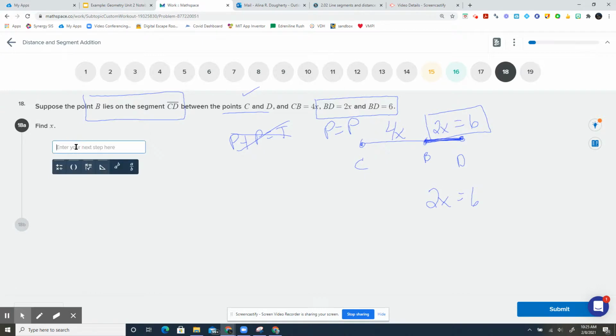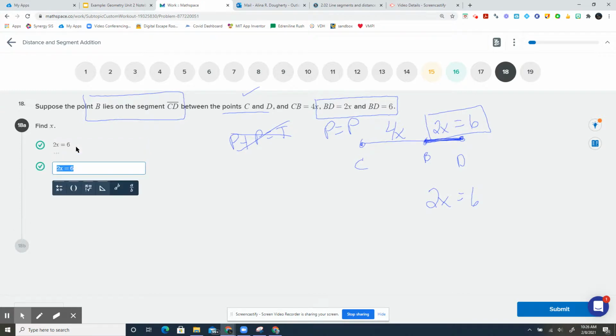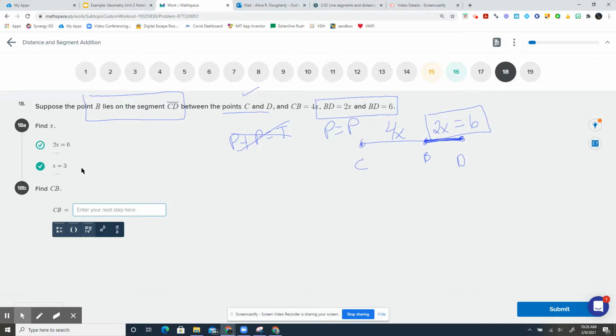I think this is going to be 2x equals 6 because there's another part down there. I think it wants the equation. 2x equals 6. It's saying, yes, that's right, but it wants something different. So maybe it does want x equals 3. So once we know that x equals 3, this is still 6.